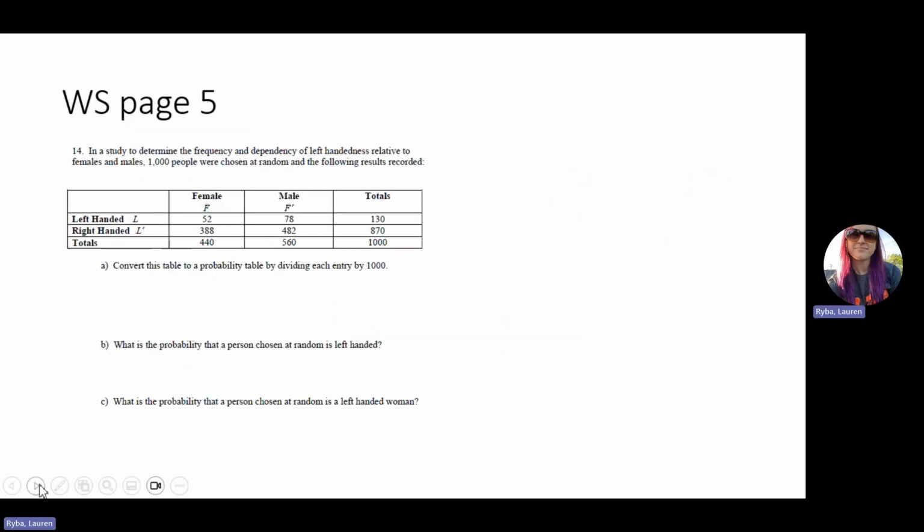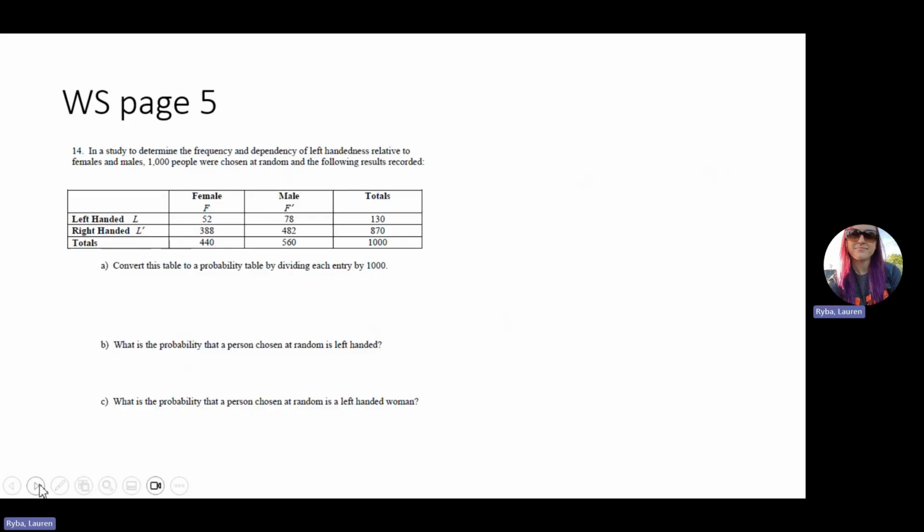So here's an example. In this table, we have totals from a study of males and females, and if they were left-handed or right-handed. So we sampled a total of 1,000 people at random.